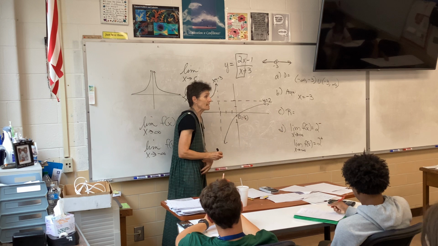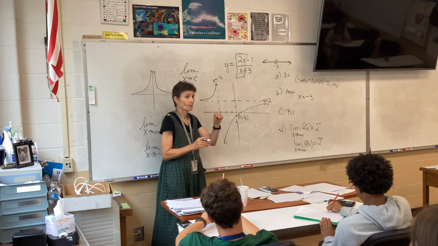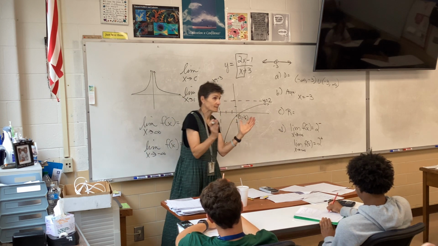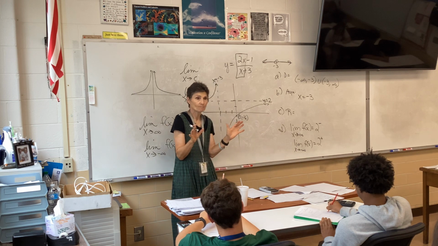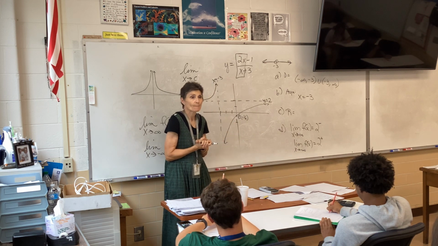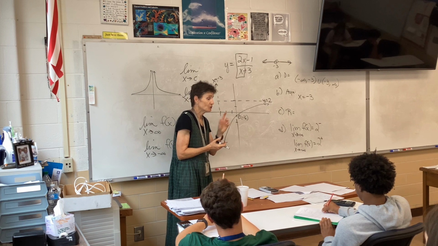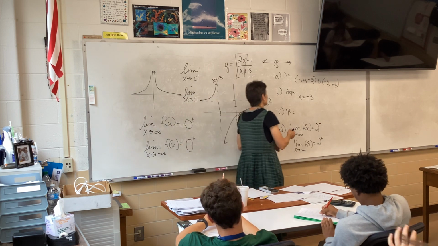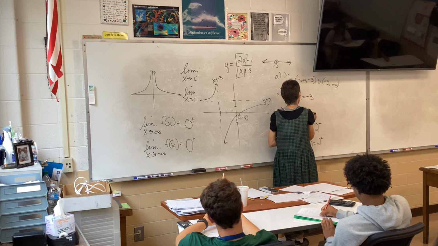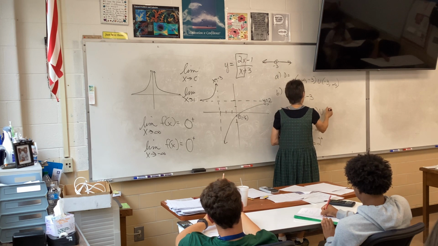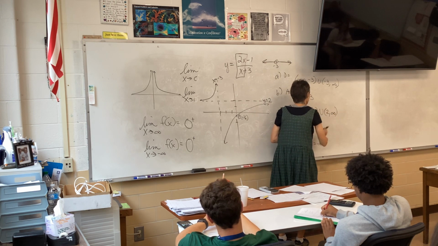What is the range of this? Now remember, domain involves the x's, right? We already cleared that up. What is our range? Everything except 2. The range is everything except 2. Why isn't it 2?